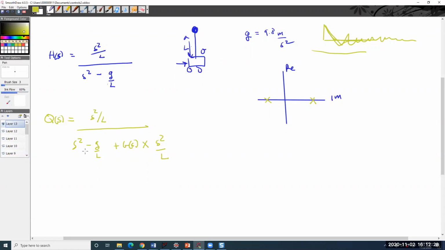I could come up with another term and make this negative, but how do I get S squared divided by L into just some kind of constant? Well, that means I need G of S equal to some K divided by S squared. Because when I multiply this out, the S squareds will cancel and I'll have K divided by L. I can make K bigger than the gravity term and that'll fix it.